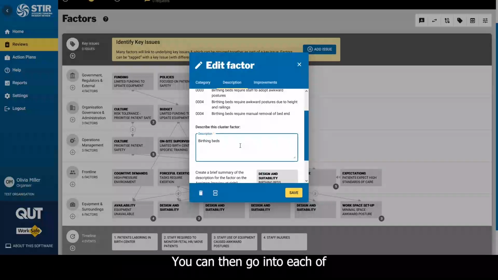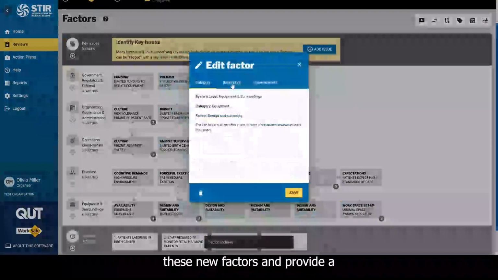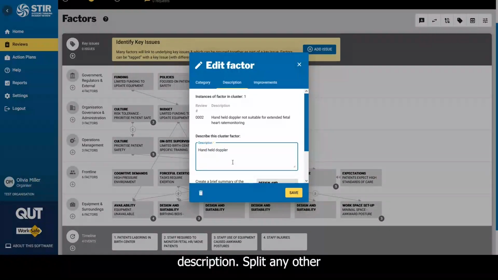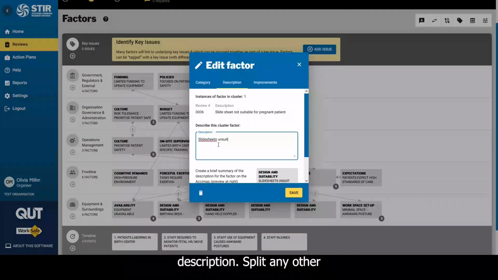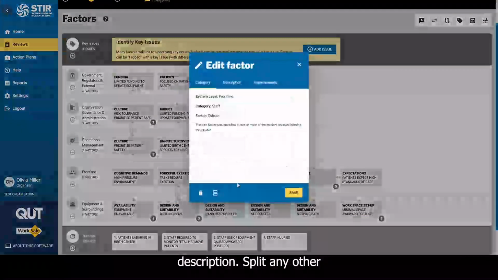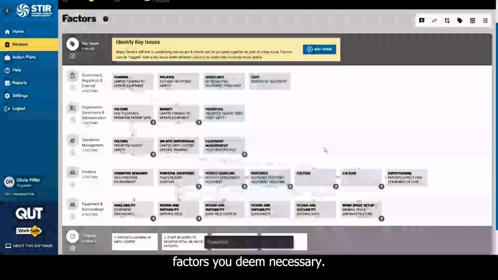You can then go into each of these new factors and provide a description. Split any other factors you deem necessary.